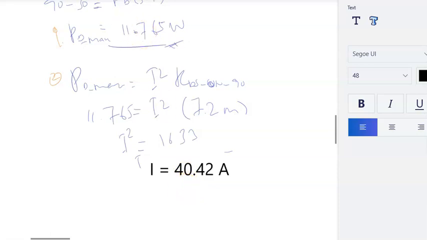Then what is the comment that you can write here? Like what I told you, one is the value and the other is the trend. So what is the value that you should write?